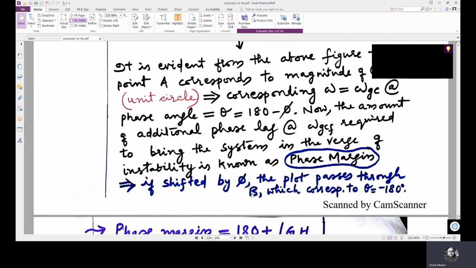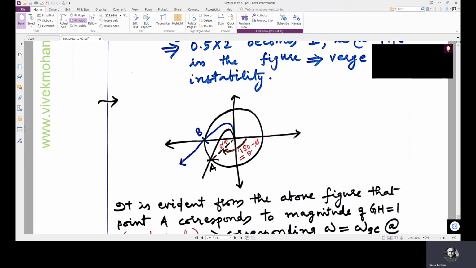If the first system is shifted by theta, the plot passes through B. What is the peculiarity of point B? It is at minus 180 degrees, which is the verge of instability with respect to angle. So this is the margin.